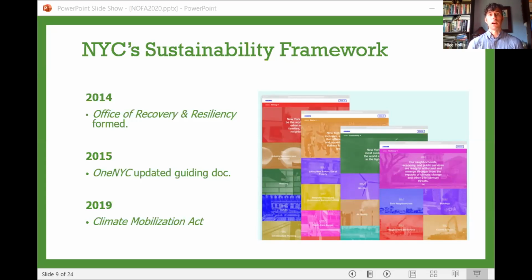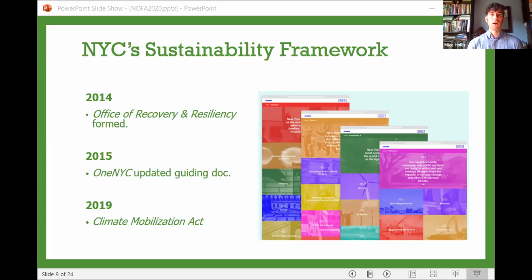It includes topics like poverty and health policy platforms, but does also include a number of initiatives very specific to what we might consider to be traditional environmental topics. The OneNYC document, for instance, proposed carbon neutrality by 2050, so moving beyond those simple 80% reductions and actually calling for carbon neutrality for the city by 2050.